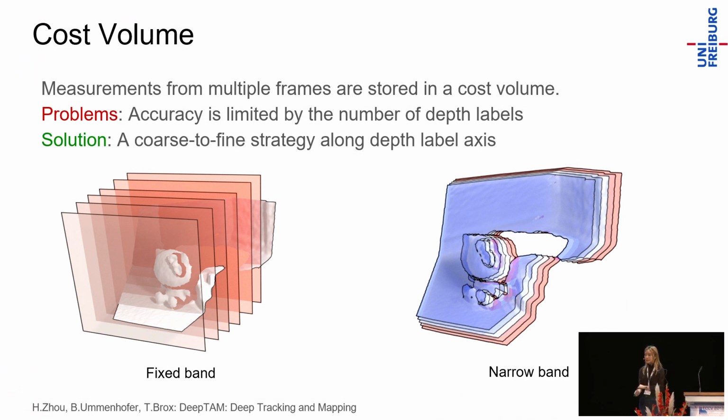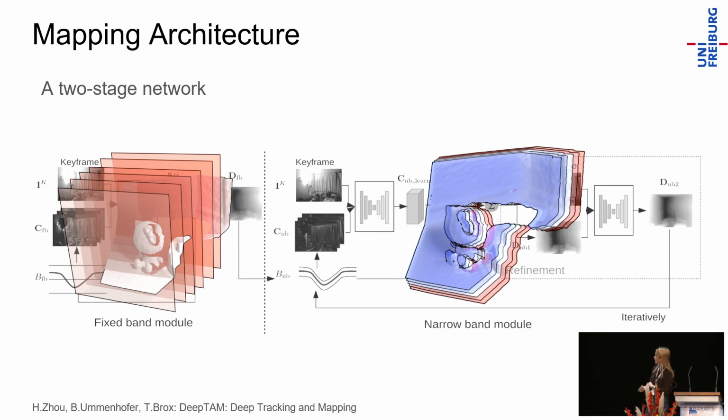After we have a rough estimate, we use a narrow band, where we compute the cost volume around the previous prediction. This reduces the search range and allows us to capture more details with the same number of depth labels. So this coarse-to-fine strategy maps to our architecture like this.